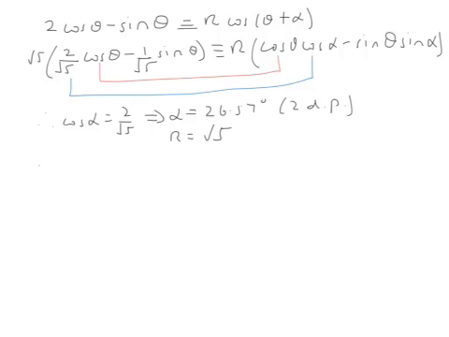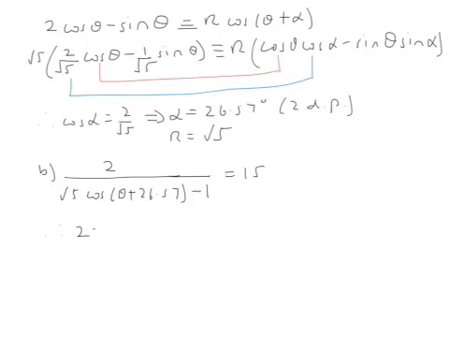Now in part B we're told that 2 over that expression that we've just had, 2 cos theta minus sine theta, that's r cos theta plus 26.57, minus 1 equals 15. It's all over minus 1.